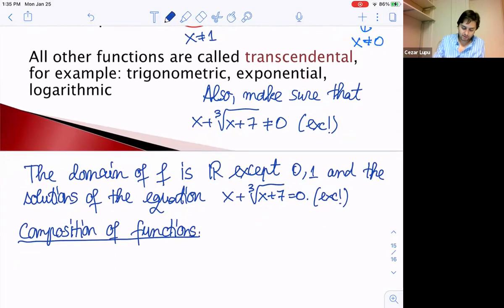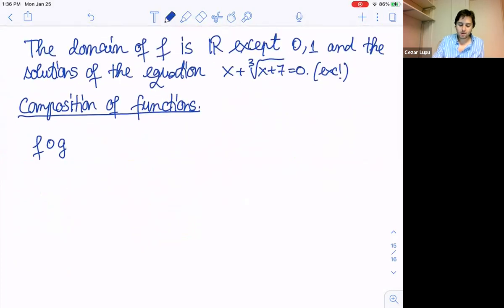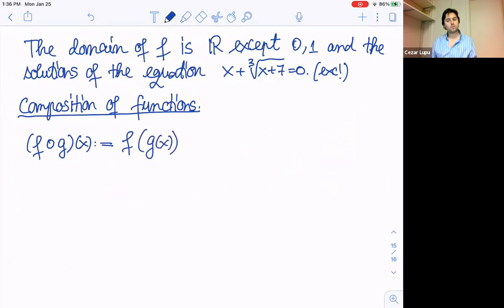So the composition of functions will be nothing else than f circ g of x. By the definition, this will be nothing else than just f of g of x. So it will be f evaluated at another function g of x. So that's the definition.